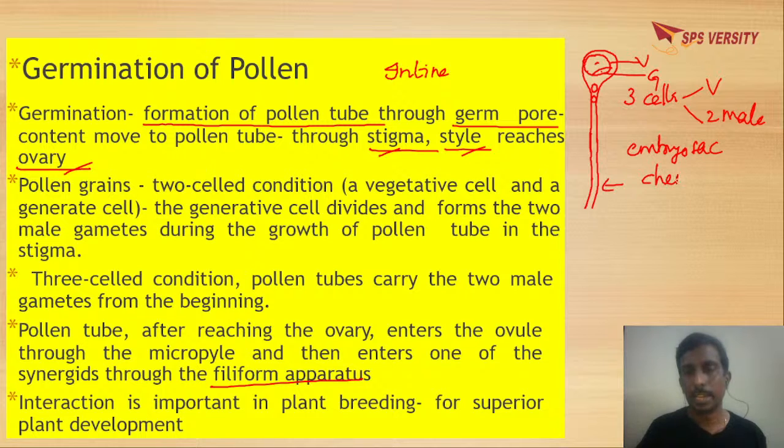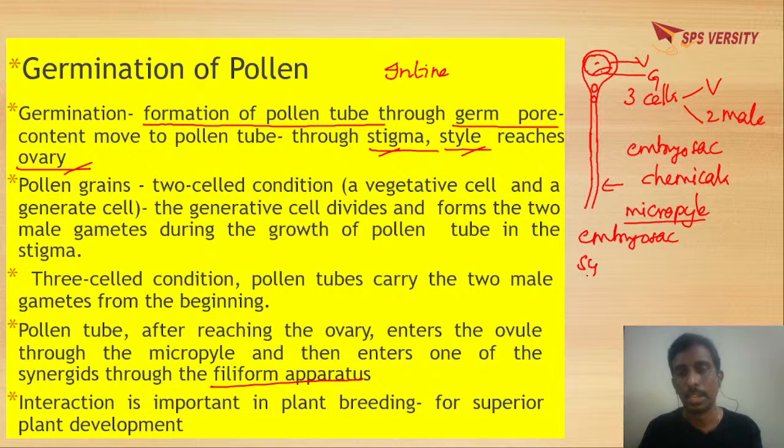This is the function of the filiform apparatus. So the pollen tube enters the embryo sac through the micropyle. The pollen tube can enter the ovule either through the micropyle, chalaza, or integuments, but when it comes to the embryo sac, it enters only through the micropyle. The reason is the filiform apparatus present in the synergids, which attracts the pollen tube.